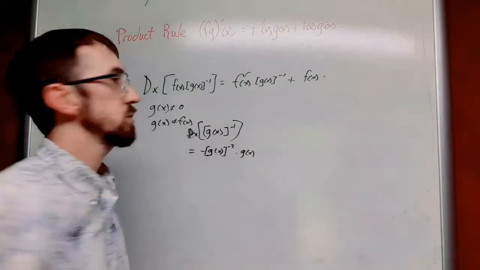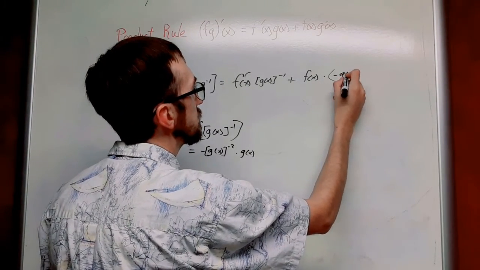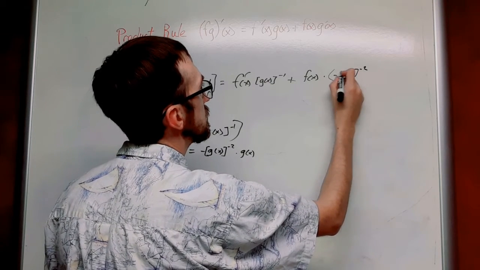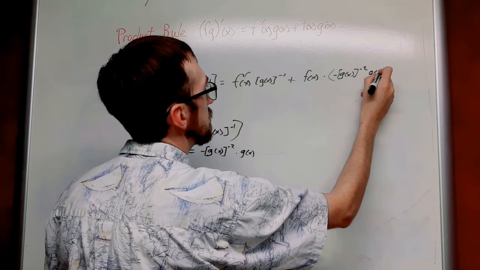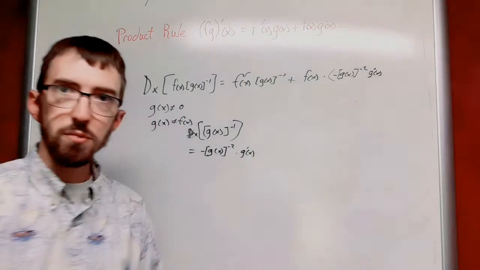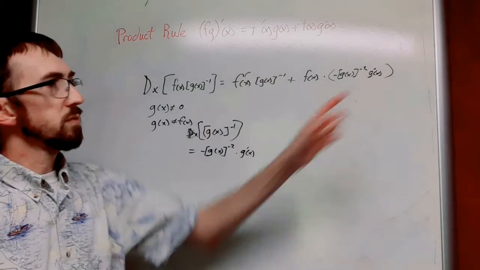So that's what we're going to multiply in here. Forgot my prime mark there. All right, so now we want to simplify this.